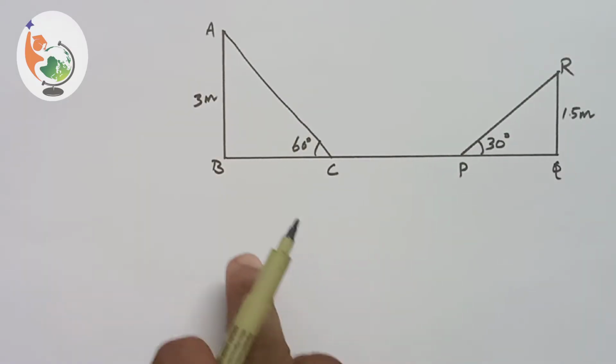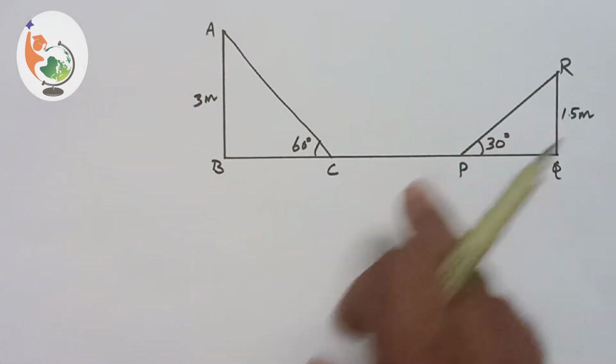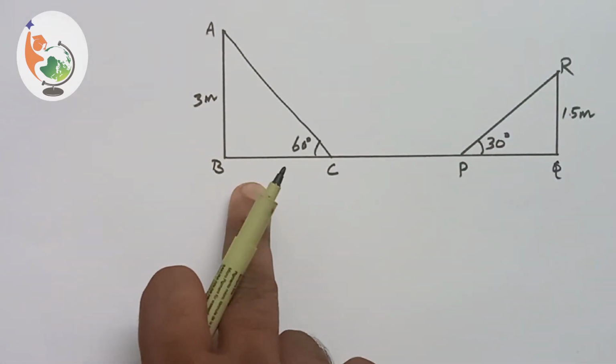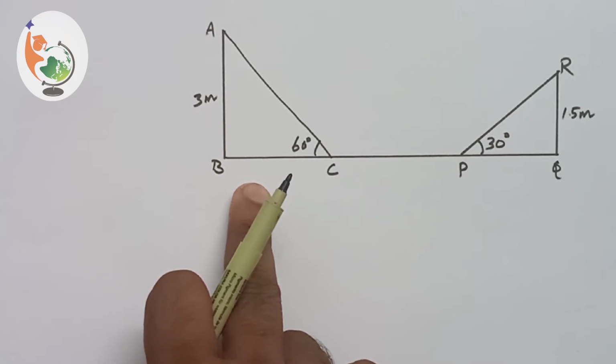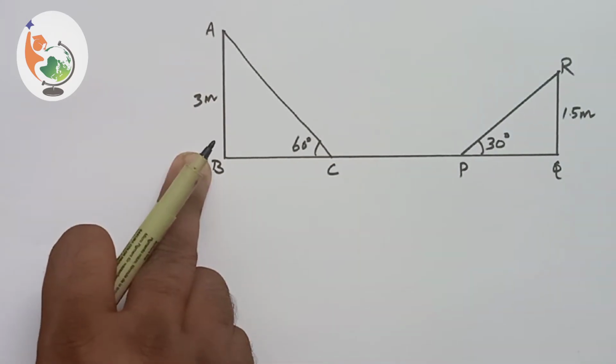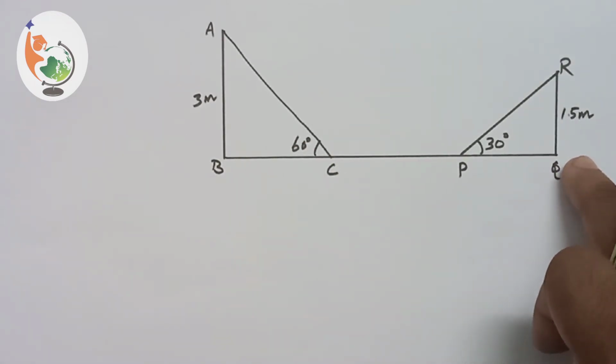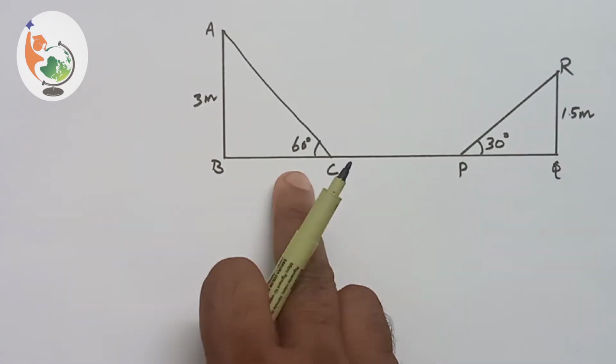Consider the rough figures ABC and PQR. This is the slide for the elder children and this is the slide for the younger children. So the height for the elder children is 3 meter, for the younger children 1.5 meter.